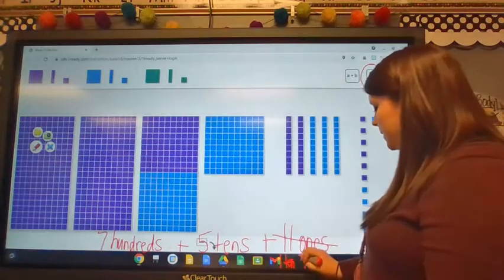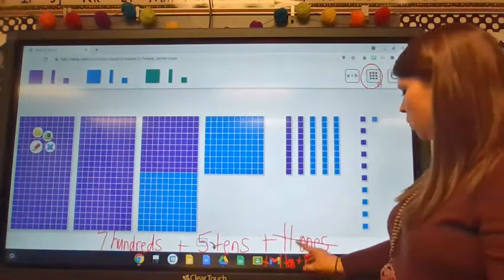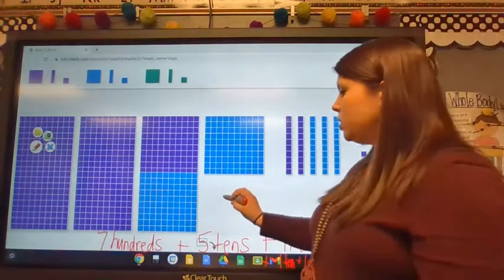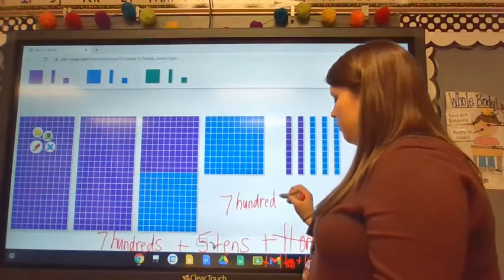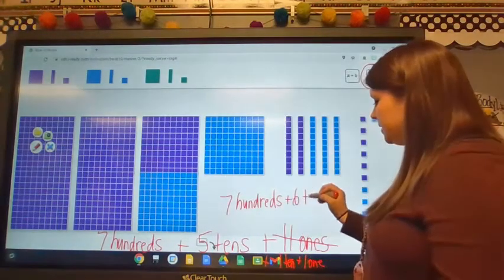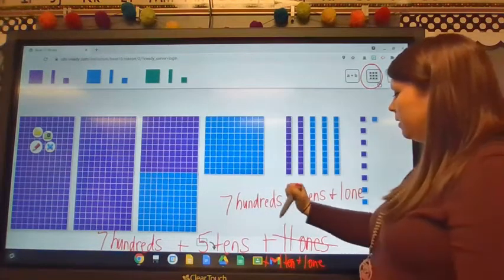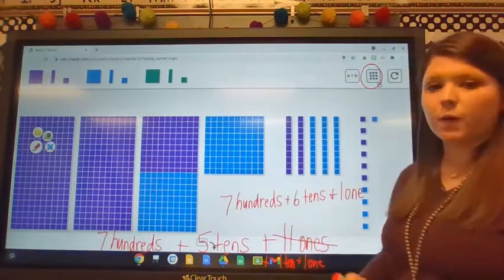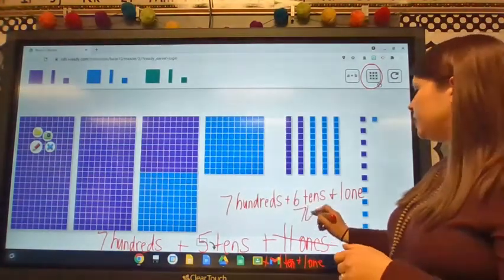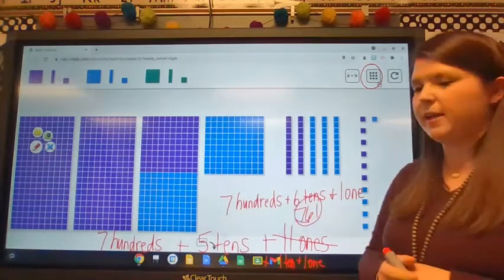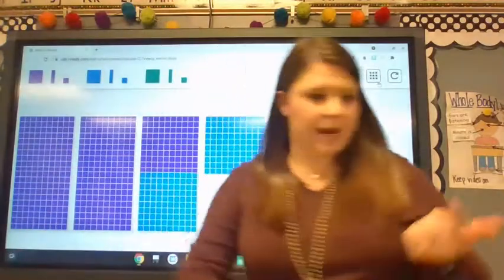So we can cross that out and then add together 7 hundreds plus 5 tens plus 1 ten plus 1 one, to have 7 hundreds plus 6 tens plus 1 one, which would be a total of how much? 761. Yes.